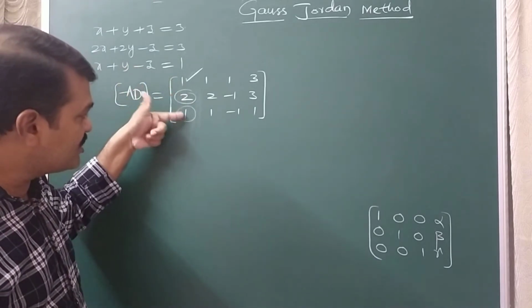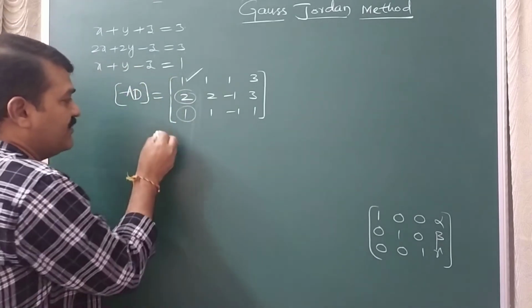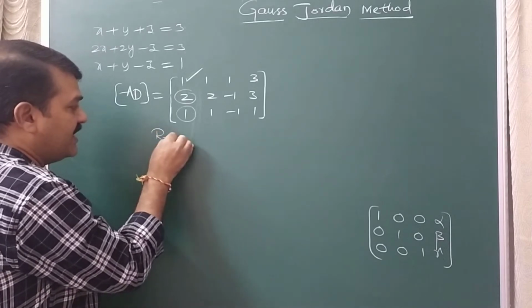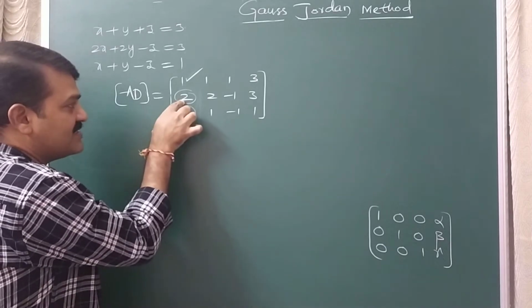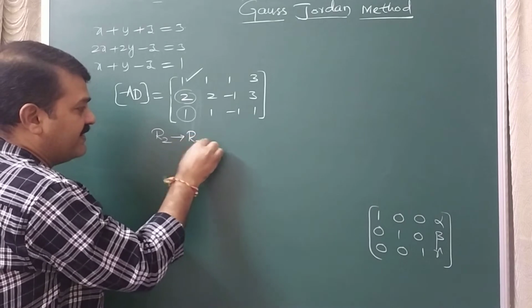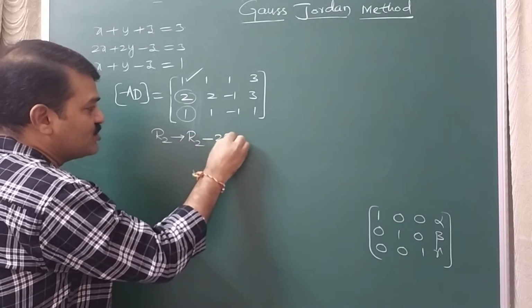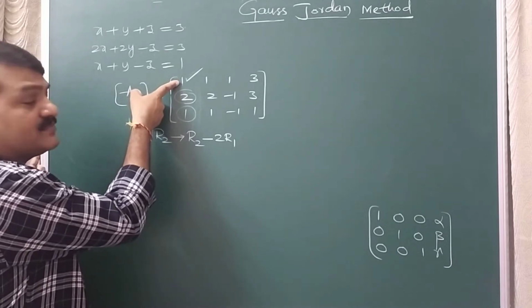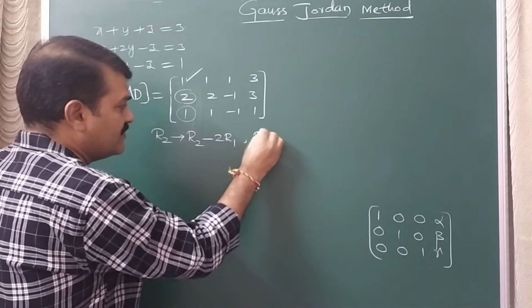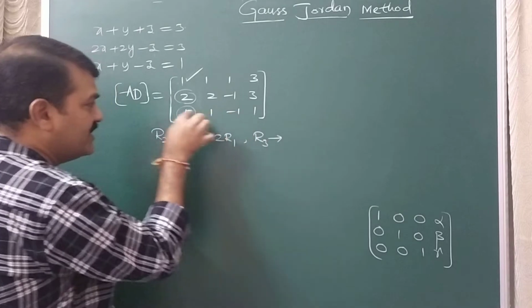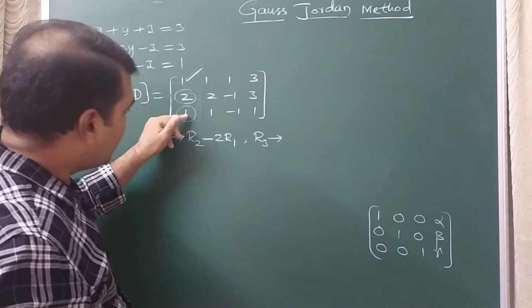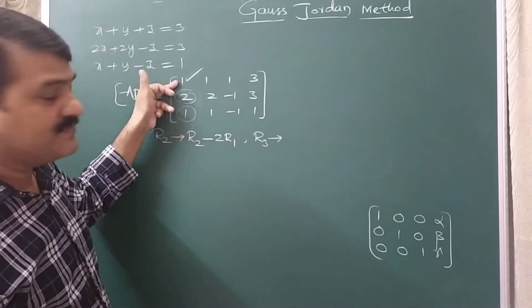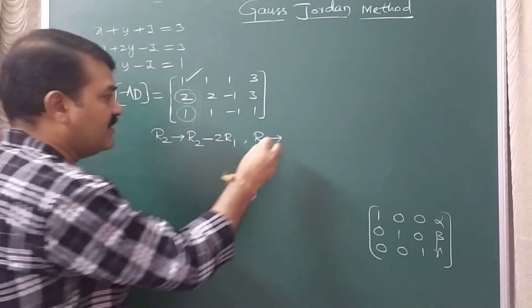Take R2: to get 0 here, I will do R2 minus 2 into R1, so 2 minus 2 into 1 gives 0. Next, to get 0 in this place, do R3 minus R1, simply R3 minus R1.